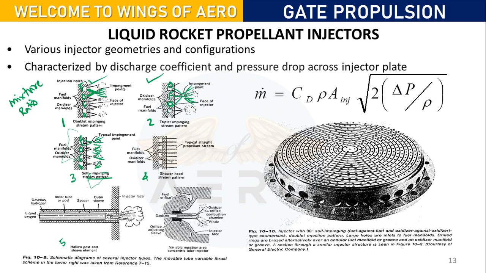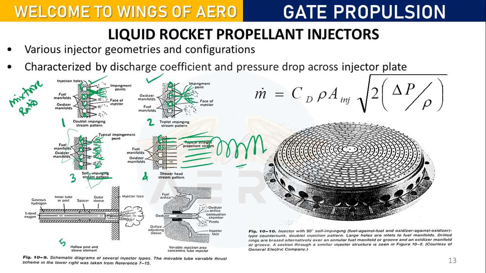Same with the showerhead type. The showerhead type is represented with alternating fuel and oxidizer channels, and they are not impinging on each other. At some point we have the jet points, so fuel comes out from the jet points, and then the combustion process takes place.